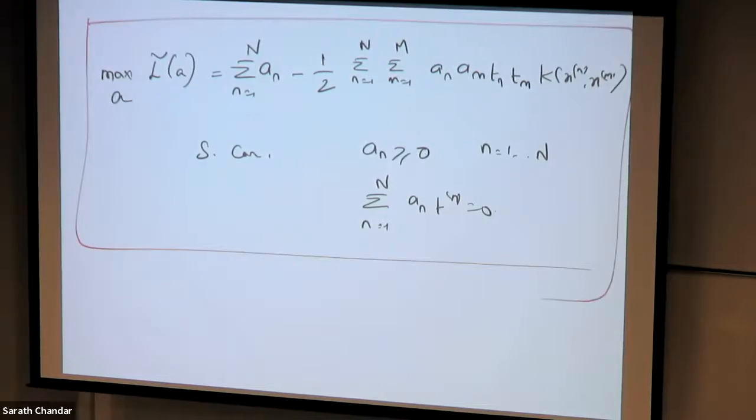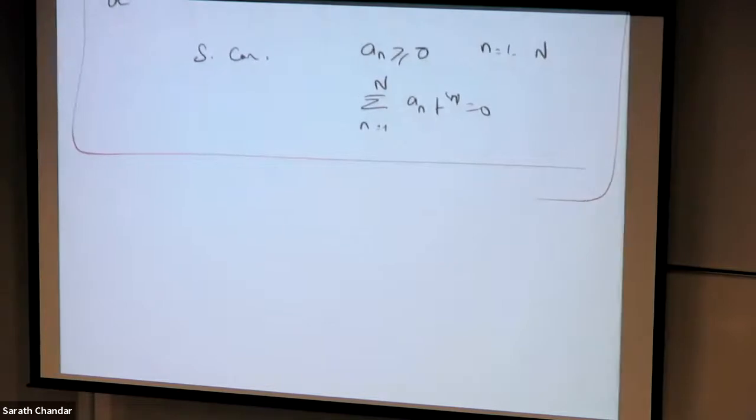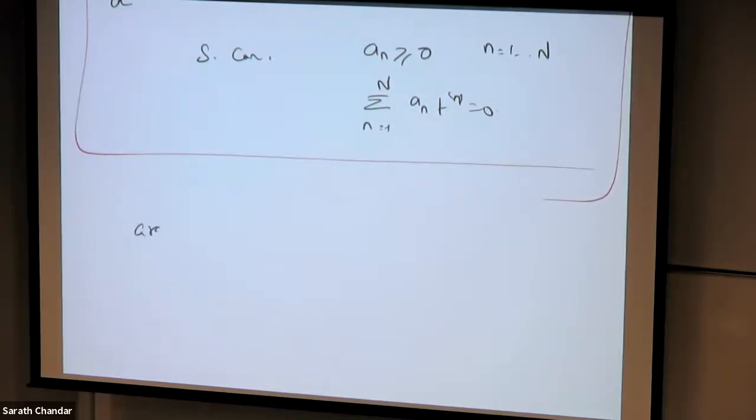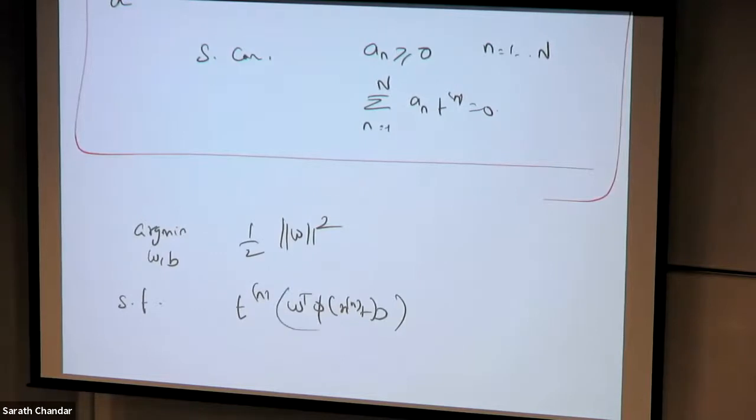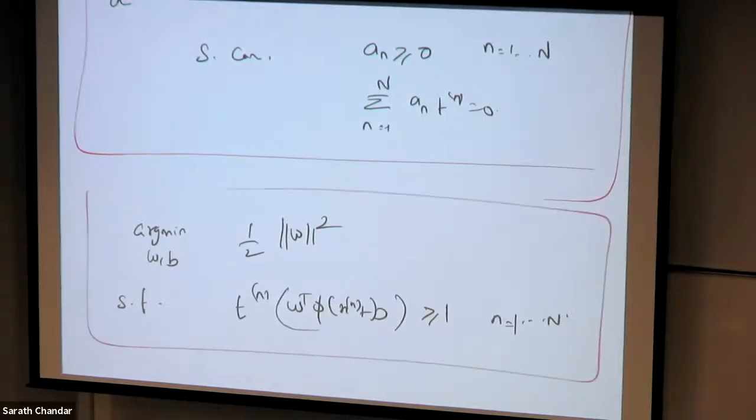Now, this is also a quadratic problem. Let me remind us of the previous quadratic problem that we started with. The previous quadratic problem was arg min over w, b of 1 over 2 ||w||^2 subject to t_n (w transpose phi of x_n plus bias) greater than or equal to 1.